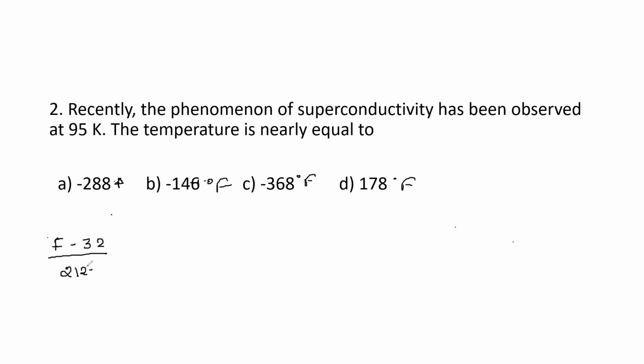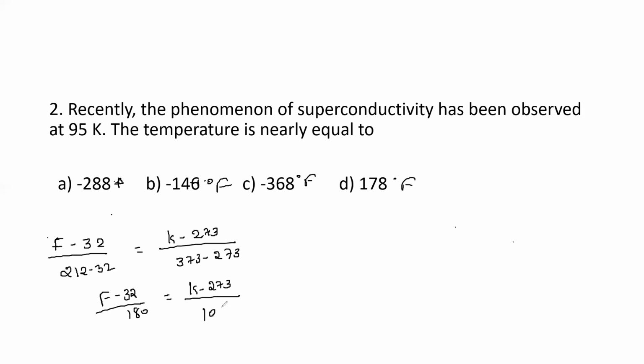So it is F minus 32 divided by 212 minus 32, which is equal to K minus 273 divided by 373 minus 273. So this can be written as F minus 32 divided by 212 minus 32, which is 180, equal to K minus 273 divided by 100.